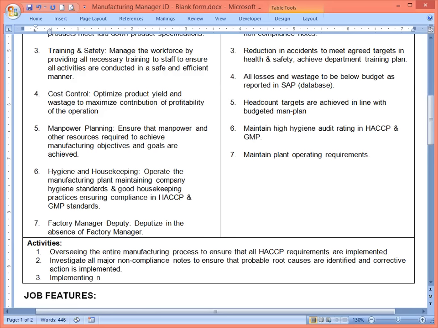Okay, implementing new production processes for the launch. In manufacturing, sometimes they are doing trial operation, trial production for new products. This is coming from the product development department.